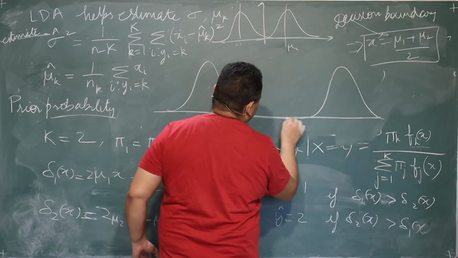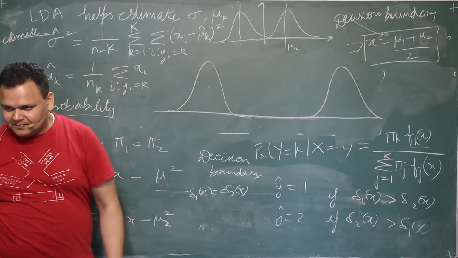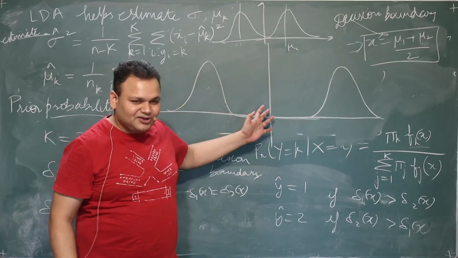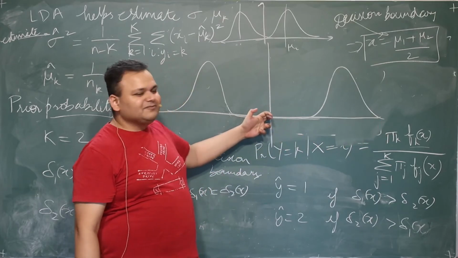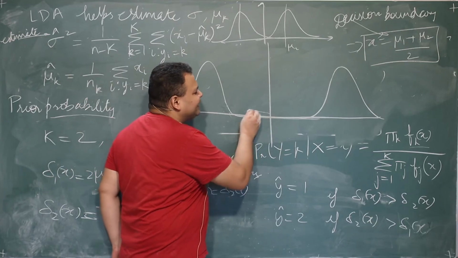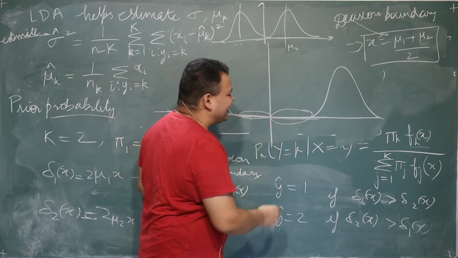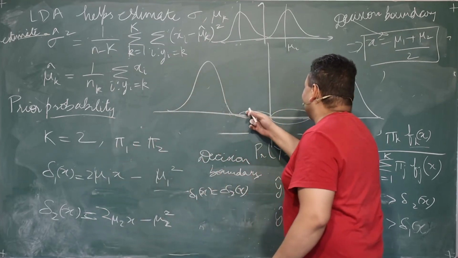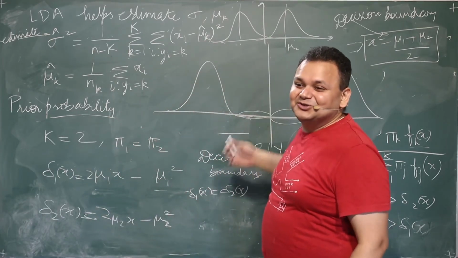Here you are right that it is negligible. Obviously we are going to use our probability using this whole thing, and our decision boundary will come somewhere here. But please understand that since the probabilities are so small in these regions, our confidence level is also very small regarding whether this belongs to class 1 or class 2.